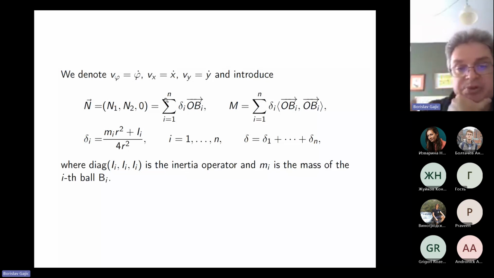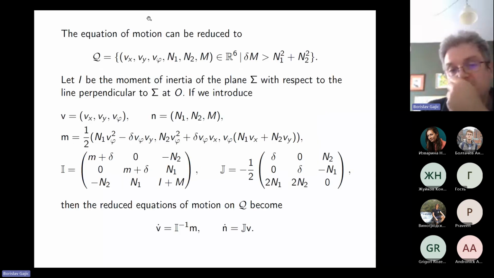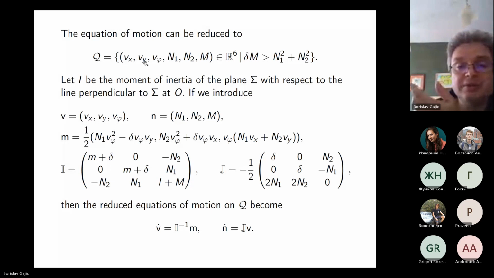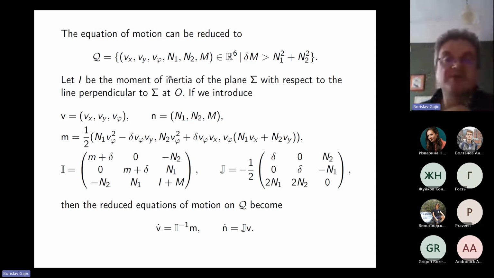When we put all this together, it can be proved that our system can be reduced to a system with phase space coordinates Vx, Vy, V theta, which is the velocity of rolling of the outer sphere, n1, n2, and m.